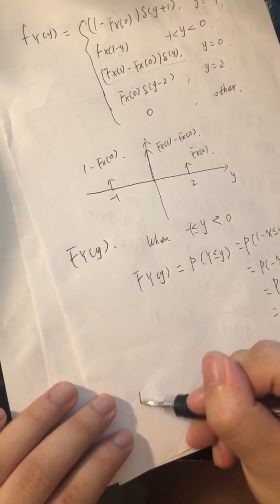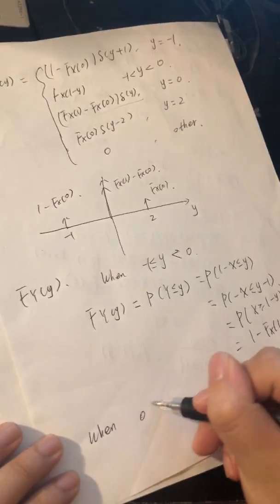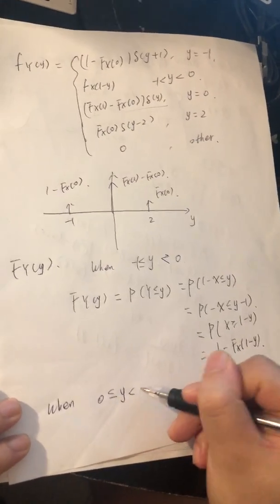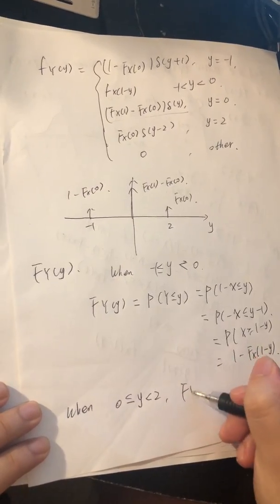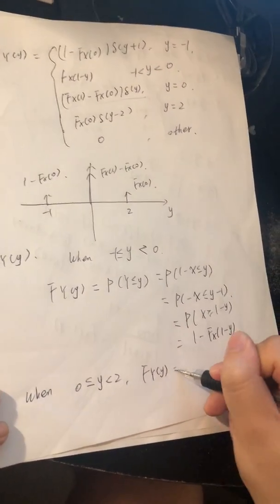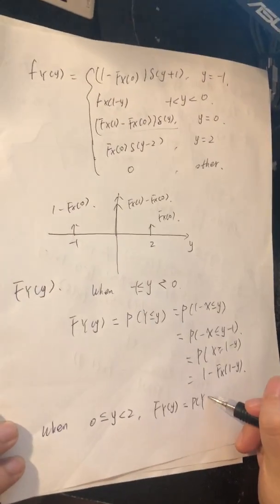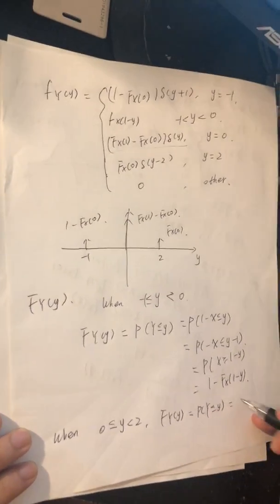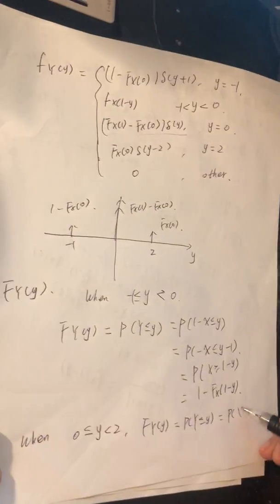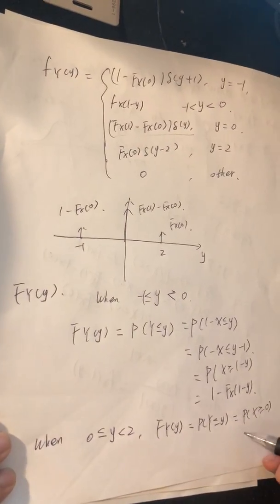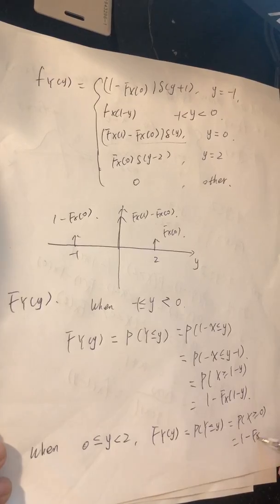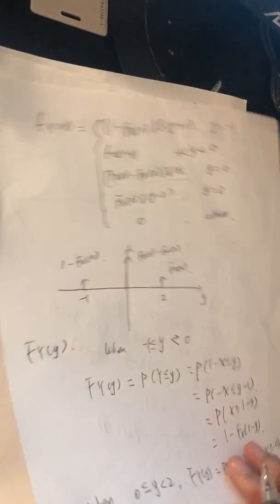Then when 0 is smaller than y and y smaller than 2, we have capital F_Y(y) equals the probability of capital Y smaller than y, which equals the probability of X greater than 0, and it will give us 1 minus F_X(0).